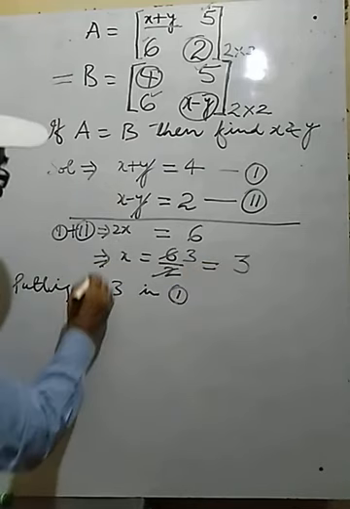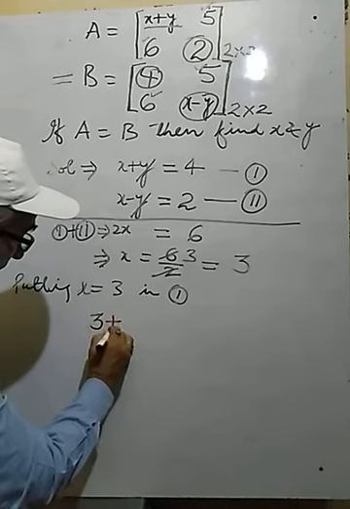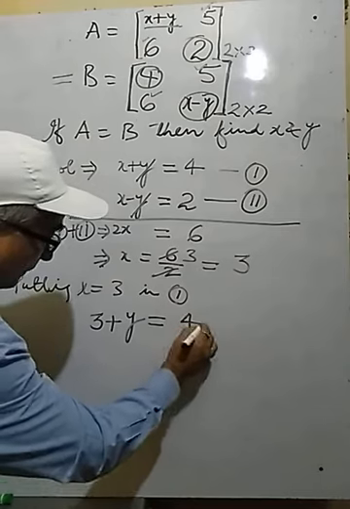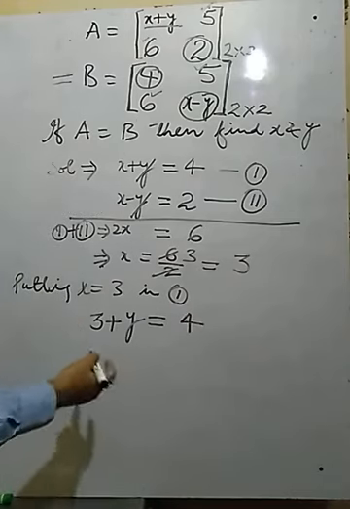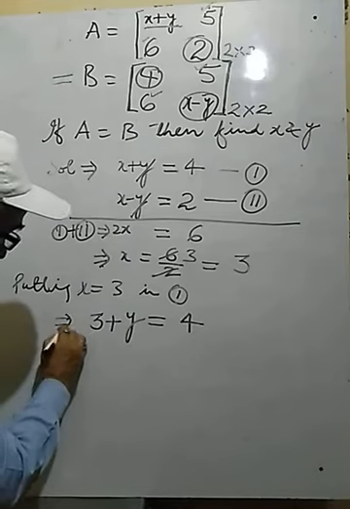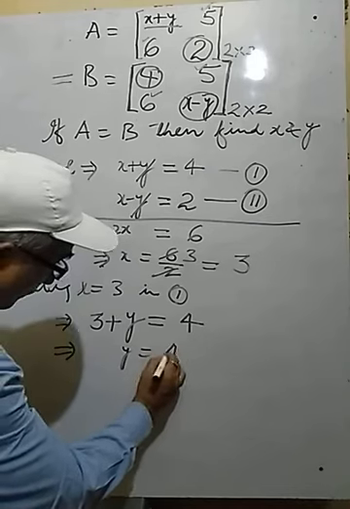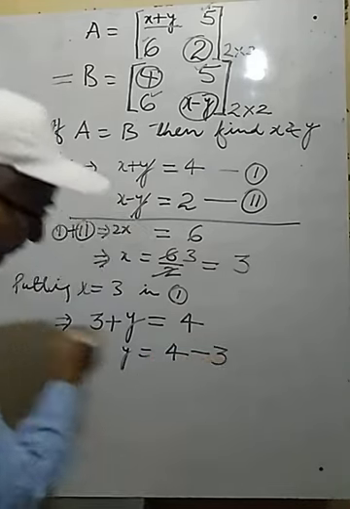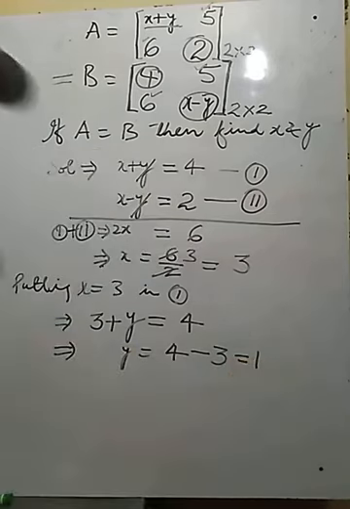It means in the place of x, we note down 3 plus y equals 4. Now 3 will be transposed to that side. This implies y equals 4, and this will be transposed, so it will be minus 3. 4 minus 3 is equal to 1.